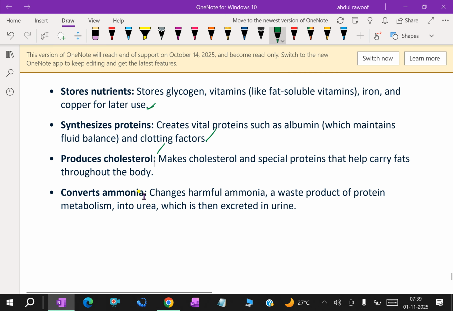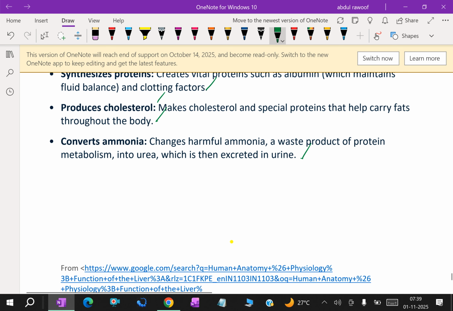Produces cholesterol, makes cholesterol and special proteins that help carry fats throughout the body. Converts ammonia, changes harmful ammonia, a waste product of protein metabolism, into urea, which is then excreted in urine.